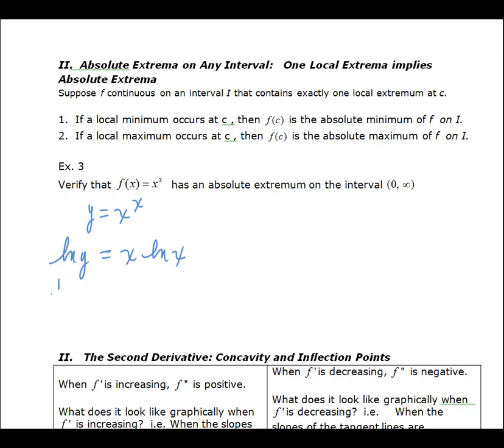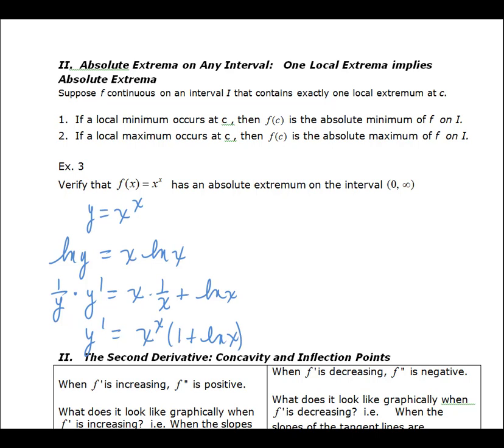When we take the derivative of both sides, we're going to get 1 over y times y prime equals first times derivative of the second plus second times derivative of the first. When we solve for y prime, we're going to multiply both sides by y, but that y is x to the x. So we're going to get x to the x times, this expression simplified, 1 plus the natural log of x.